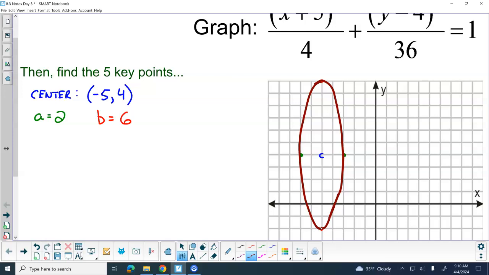Next, I can find the vertices. What are the vertices going to be?